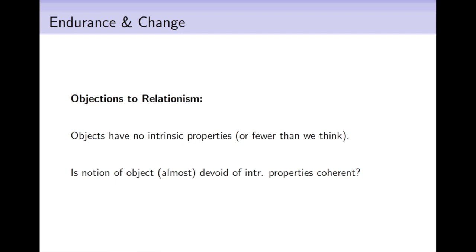And it might be that we end up having to say that they have no intrinsic properties, or maybe far fewer than we'd ordinarily think. So I suppose if there are properties that certain objects have throughout their existence, then we wouldn't be forced to say that these were non-intrinsic. But for ordinary objects and for properties like color and shape and size, it certainly seems we're going to have to treat those as extrinsic or relational.